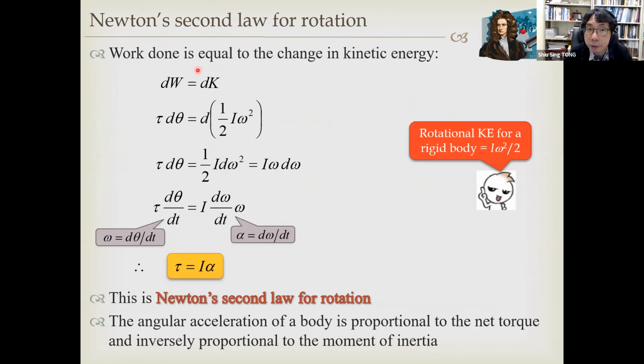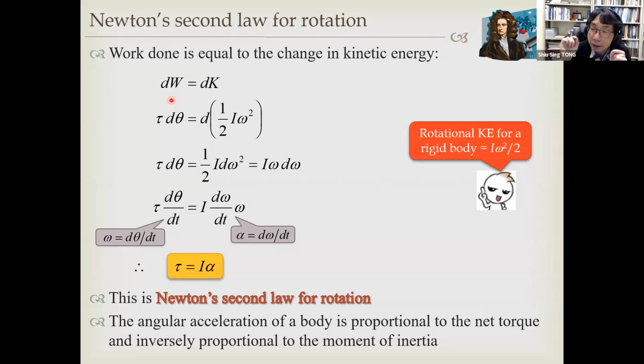Then we should prove Newton's second law for rotation. We use the energy approach again. Now, if I apply a torque on a rotating object, and after I apply a torque for a while, the object changes its rotational speed. It changes angular velocity. So I can apply the work energy theorem.